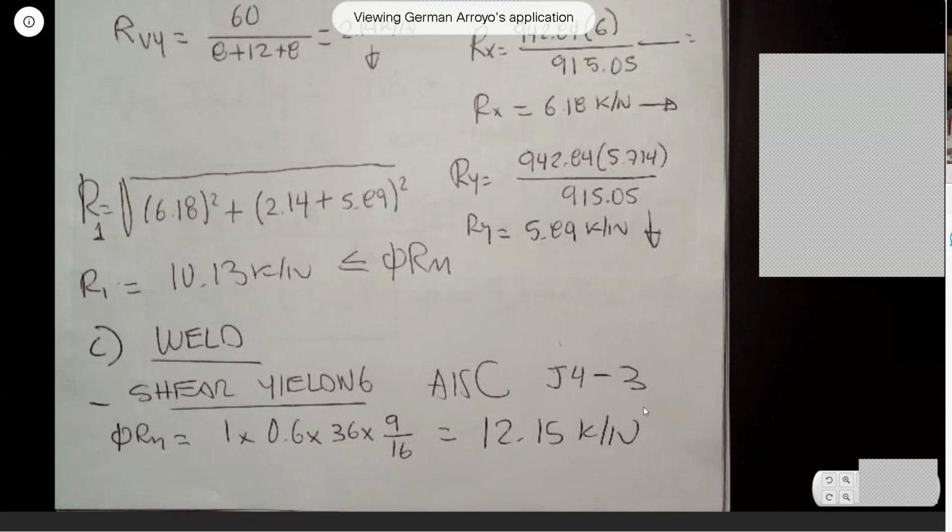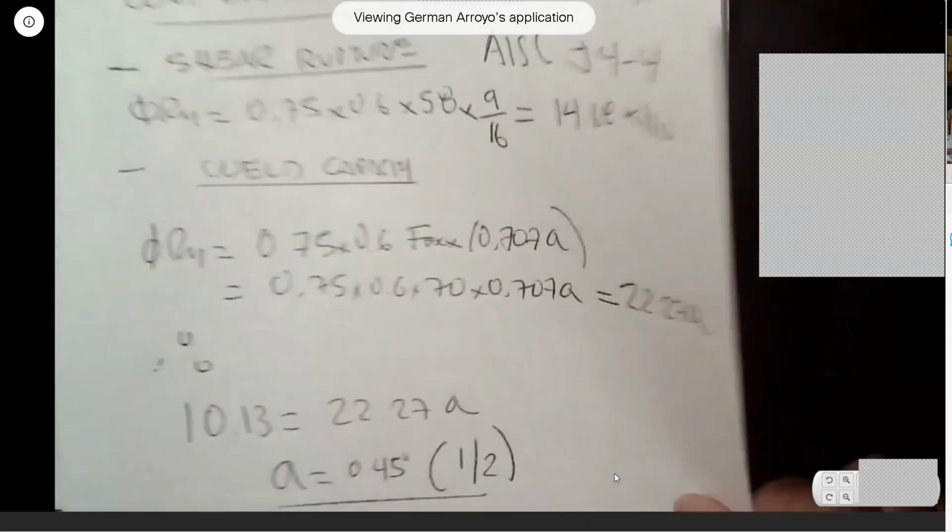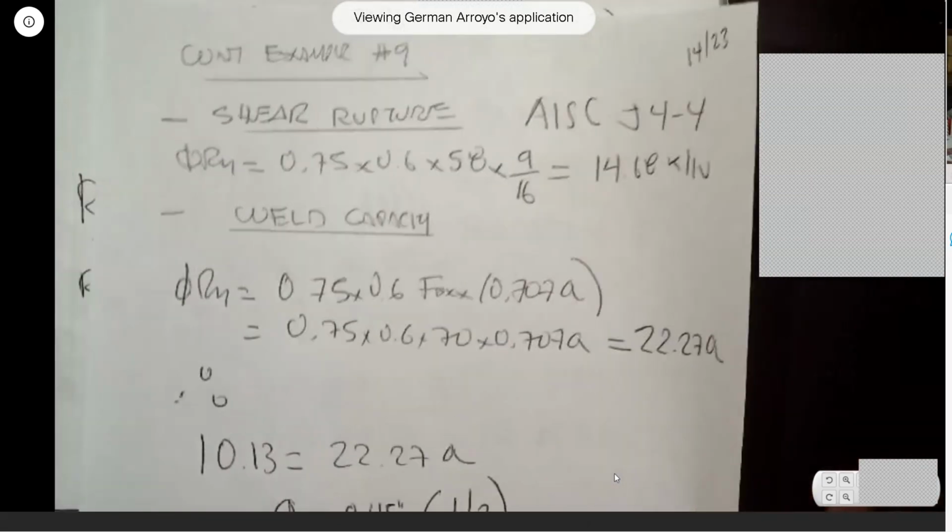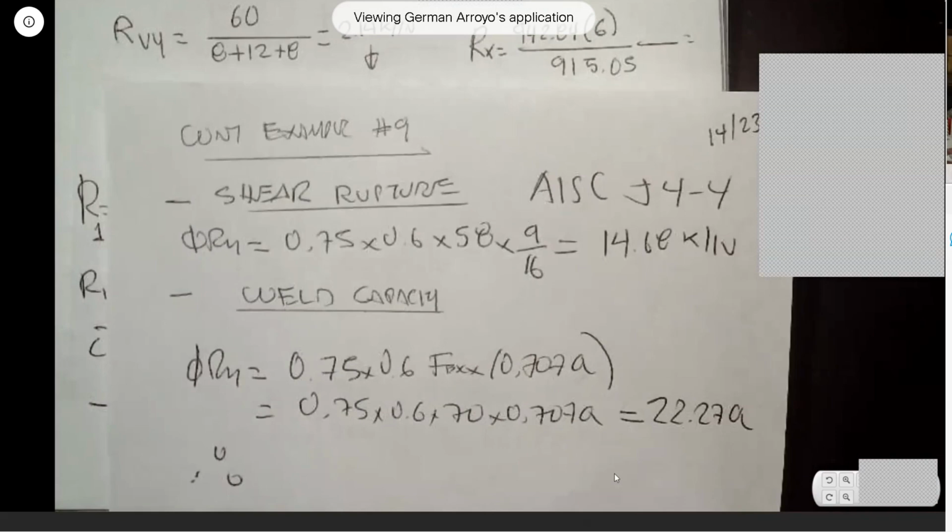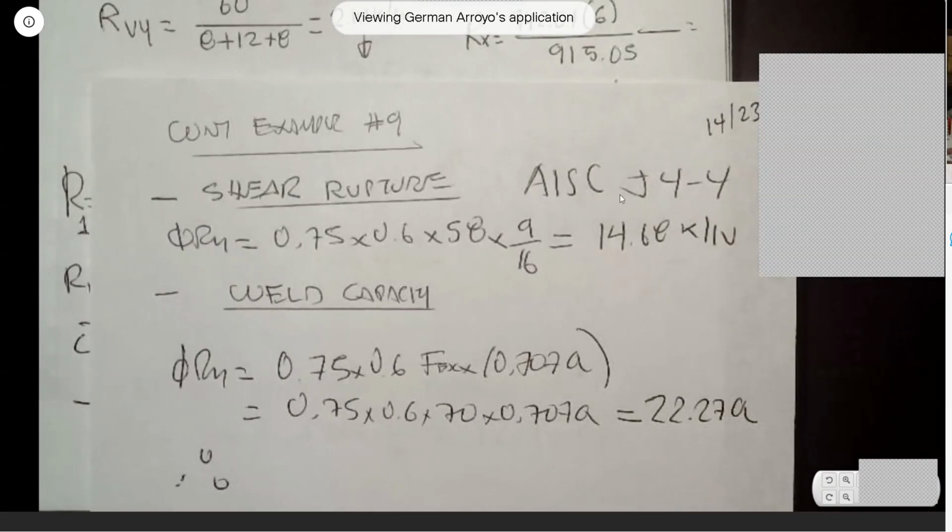In the next page, I have computed the shear rupture. And again, you know what it is, but I'm calling it J4-4. You know where to find it. It uses a phi factor 0.75, 0.6 Fu from 36. Again, it's for the plate, 14.60.